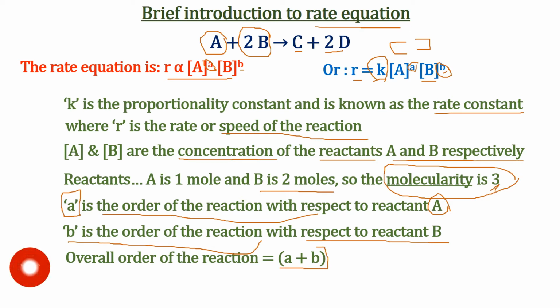That is, a plus b is the overall order of the reaction. So, the rate equation relates the rate of the reaction with the rate constant and concentration of the reactants as well as the order of the reaction.